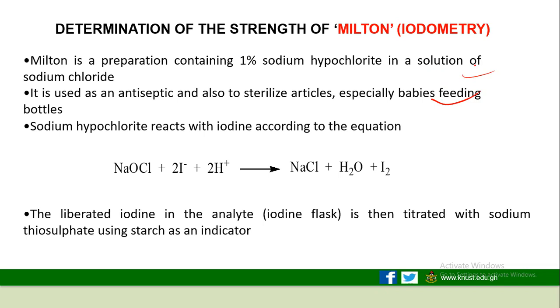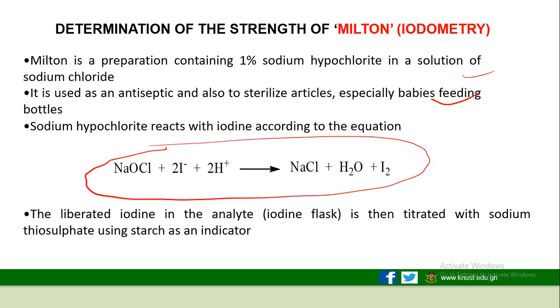Right. But then our calculation, this is the first thing that we have to keep in mind, the reaction. Now, this reaction, if you study it very well, you realize that the sodium hypochlorite is reacting with KI, right? With the I minus here, and then it's liberating the I2.